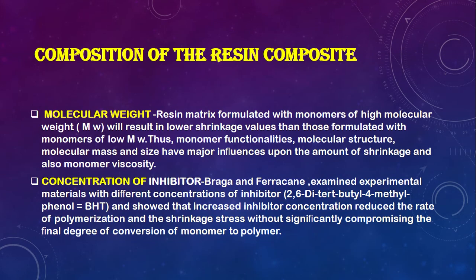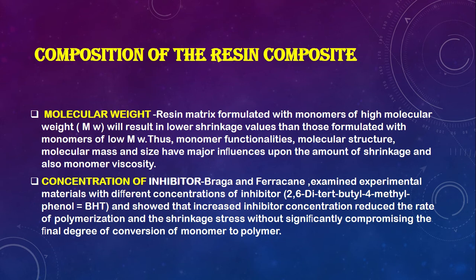Now next is the composition of the resin and the resin materials. So obviously there must be something in their composition that leads to the polymerization shrinkage stress. Yes, monomers with a higher molecular weight will result in a lower shrinkage value than those having a low molecular weight. Right? Also, the concentration of the inhibitors has an effect.